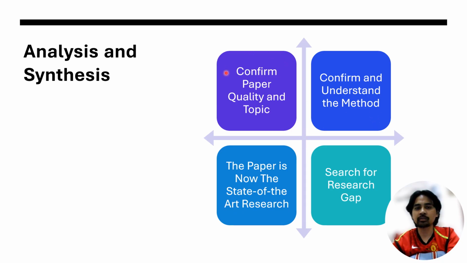And by doing these two steps, now you have defined that the paper is state-of-the-art research, which means that it is the frontier of research, and by doing another research that solves the problem in that research, you will contribute to the world of science.